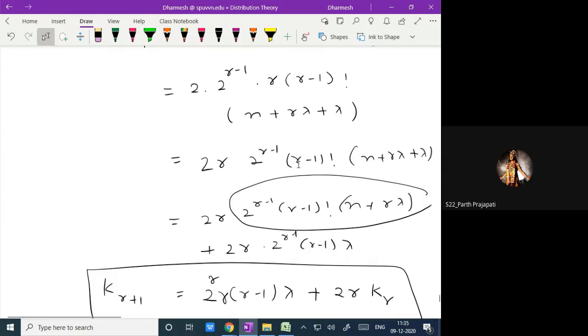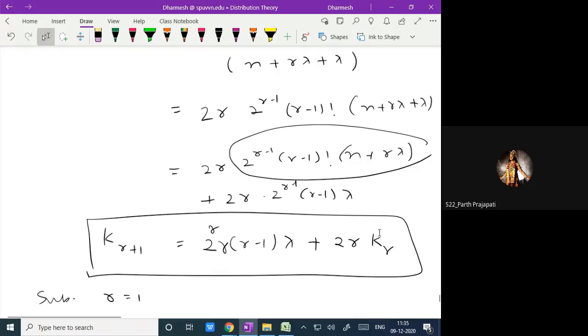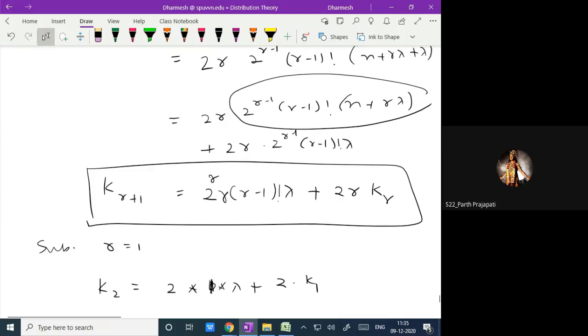Okay, but why have I not written r minus 1 factorial here? This is multiplied by r minus 1 factorial with lambda, so this is a factorial, and this is a factorial. So it is 2 raised to r factorial lambda plus 2r here.